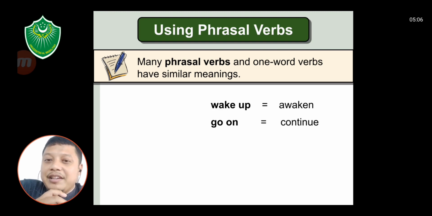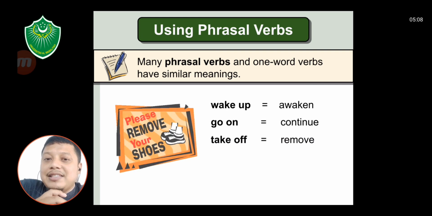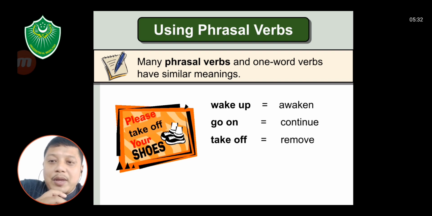Another example we can say is take off. Take off means to remove your shoes from your foot, right? It means remove the shoes or the sandals from your feet. If we look at the meaning word by word, take means to take something, to grab something.